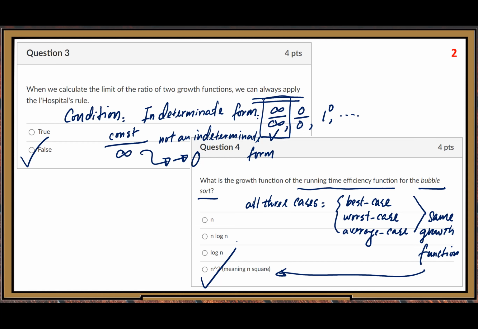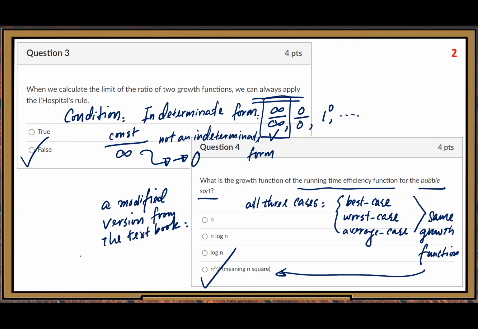But some students look at the textbook, and in the textbook there is a more modified version of bubble sort. So what's that? It's just a simple modification.